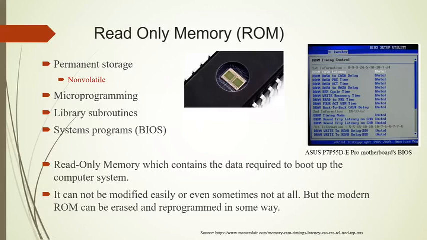BIOS settings are permanent, but within that they have values. The value may be changed. For example, if you plug in 8 GB RAM or 16 GB RAM, it will show the relevant value. The value may be changed, but the instructions are permanent.